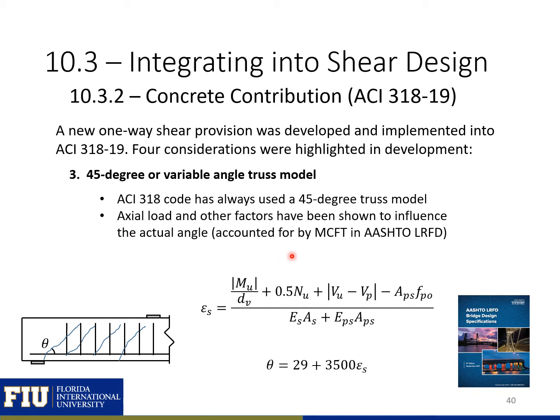So AASHTO currently uses an equation based on the modified compression field theory, which is a variable angle truss model. So the angle of our cracking, the angle of our shear transfer, depends on the tensile strain in our longitudinal steel, or in the concrete at the center of the longitudinal steel. So this was taken into consideration when developing ACI 318-19 as well.